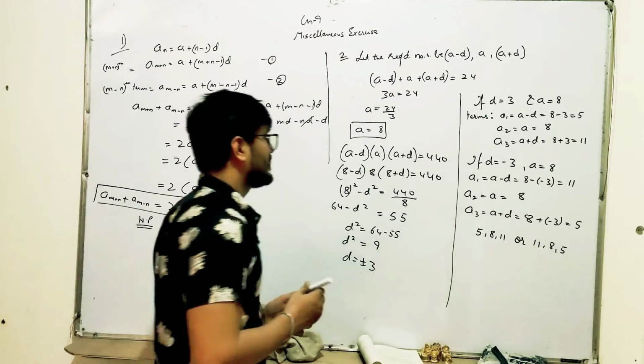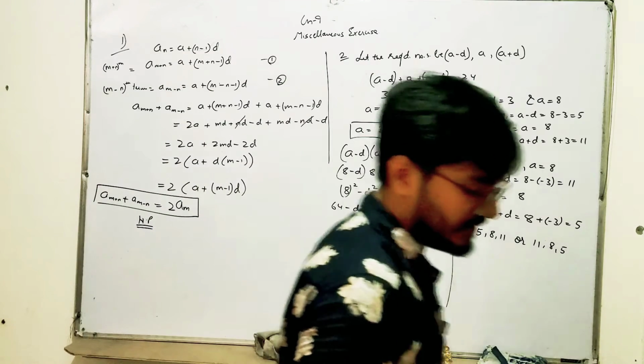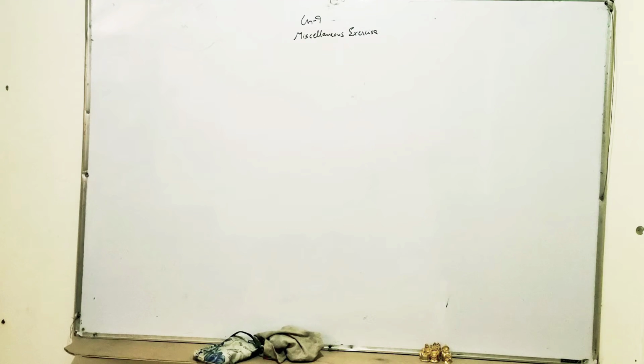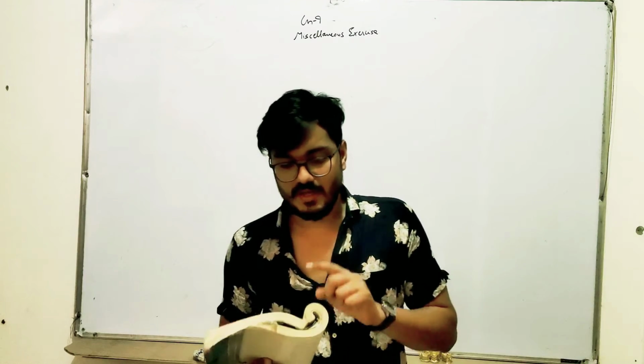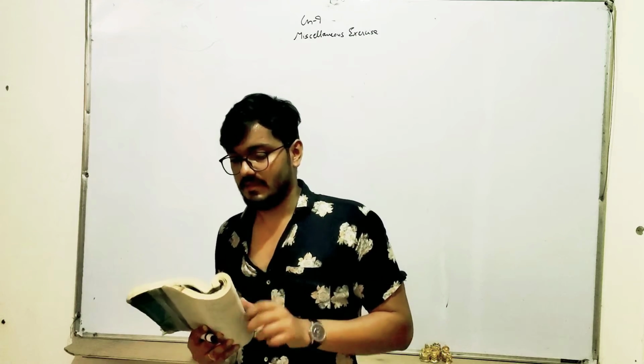So this is our solution of question number 2, right? Please pause the video and note it down. Now next is question number 3. So in question number 3, let the sum of n, 2n and 3n terms of an AP be S1, S2 and S3.